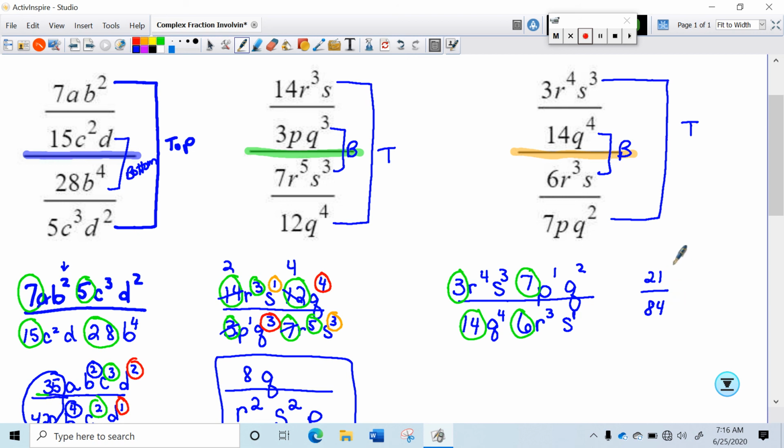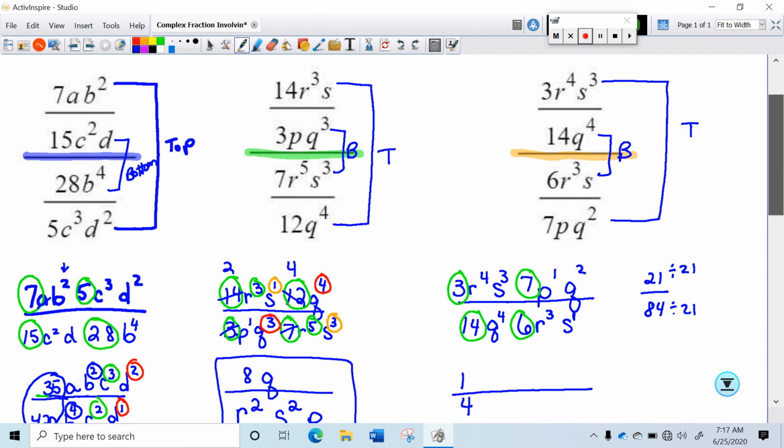I can actually divide that by 21, I believe. Okay, 21 divided by 21 is 1, and 84 divided by 21 is 4. So that actually did work out pretty good.